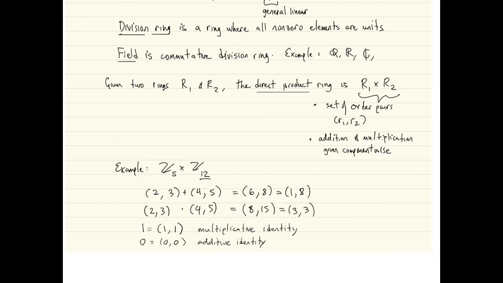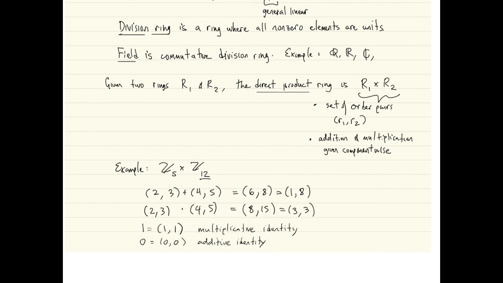Similarly, 2, 3 times 4, 5 is 8, 15, which is 3, 3, since the 15 is taken mod 12. The multiplicative identity is 1, 1, and the additive identity, or the 0, is the element 0, 0.